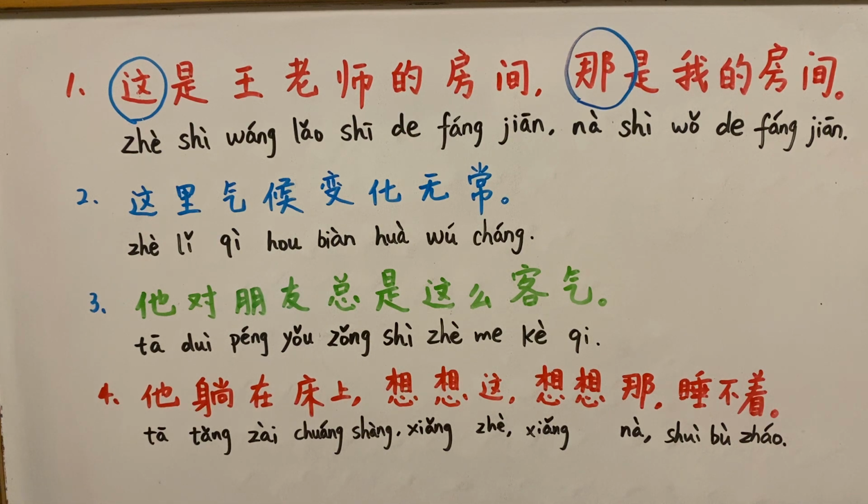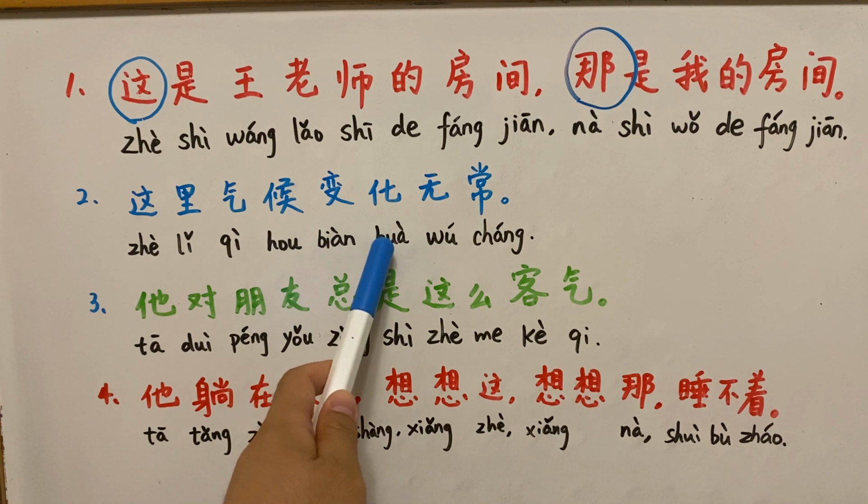It means the climate here is changing abnormally, or sometimes it's sunny and suddenly it is pouring, right? It pours, it storms, or there are tornadoes. 变化无常.